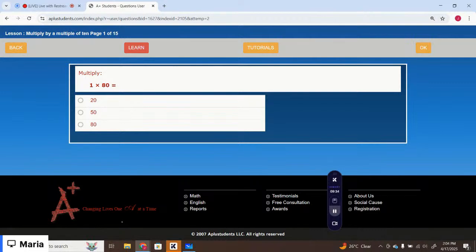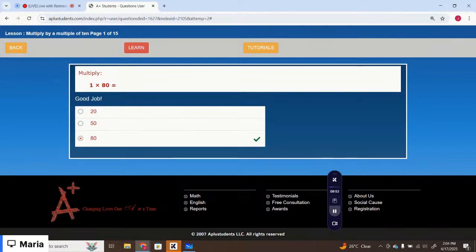Multiplying by 1 gives 80. 80 times 1 is 80. Option number 3 is the correct option.